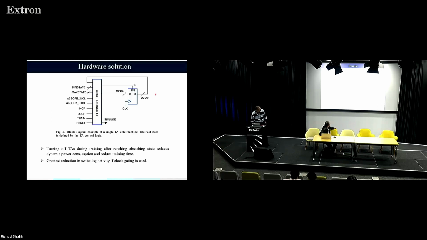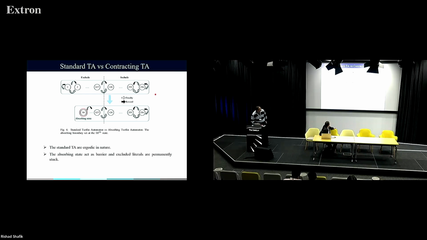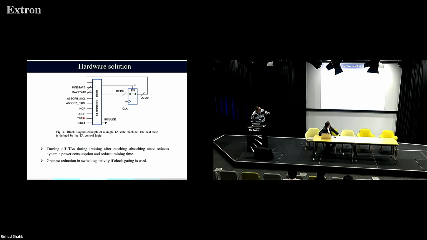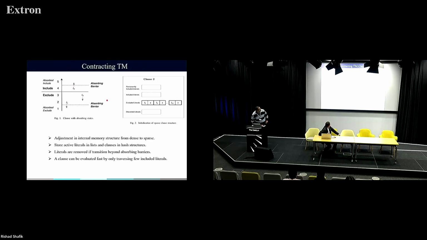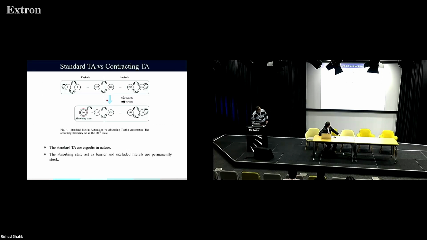So if we go back to this slide, we can see that in this table, number 50 means we set the absorbing state here. If it is 125, that means it is very close to the border. If it is very small, that is very far away, very close to ergodic, let's say.